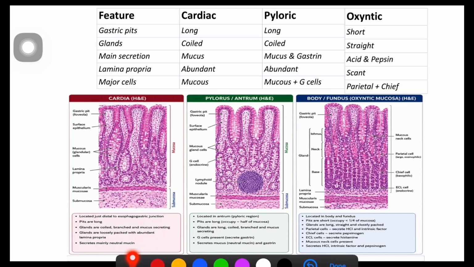Cardiac and pyloric have mucus secretion, pyloric also has gastrin secretion, whereas oxyntic glands have acid and pepsin secretion, right? Lamina propria is abundant here, but here it is scant in nature. Major cells: mucus cells, mucus plus G cells, here parietal as well as chief cells.